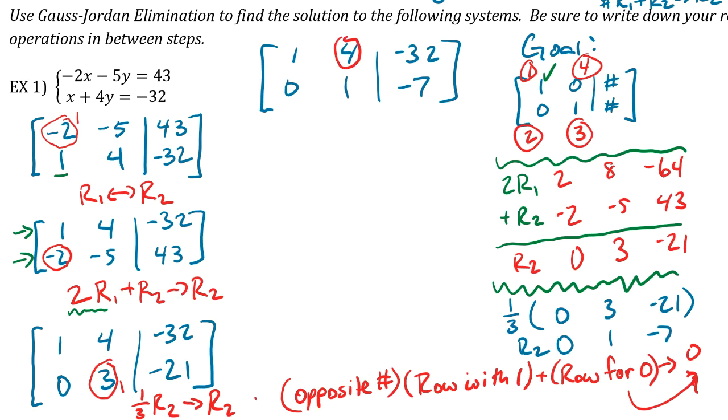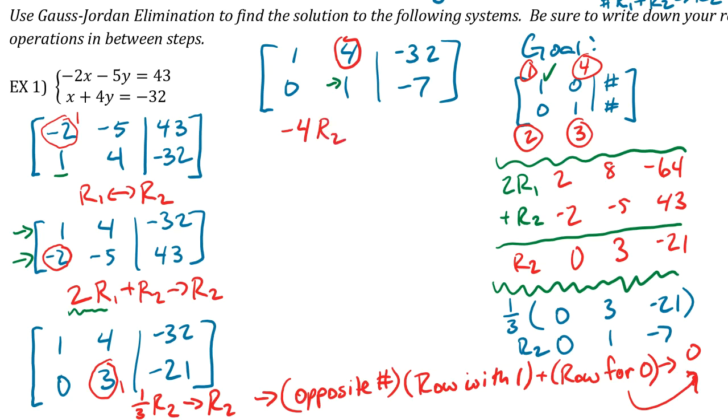So we're going to follow this little rule down here. We need the opposite number. So that's negative 4. Which row has our 1 in it now? Well, we're working in the second column, so our 1 was right here. That was row 2.